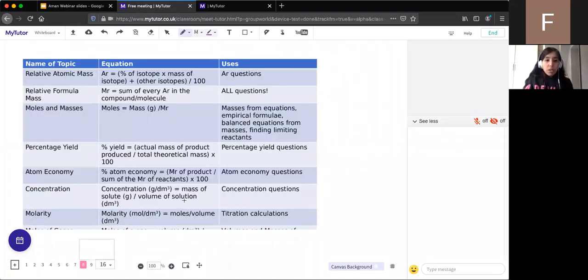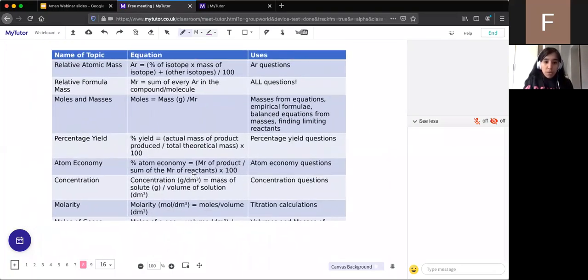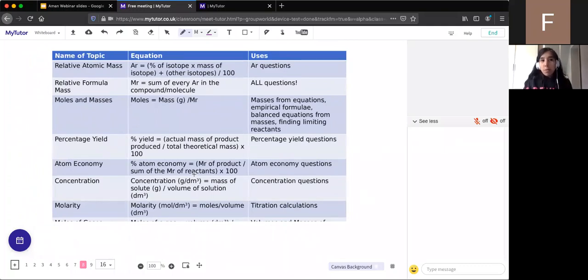Okay then, so this is a summary table of everything that we have done over the past 2 weeks on quantitative chemistry. So just as a quick recap, we started off with the relative atomic mass, which we said is when we've got different isotopes and we calculate the mean AR of all the isotopes. So in this case, we know that, for example, chlorine has an AR of 35.5.